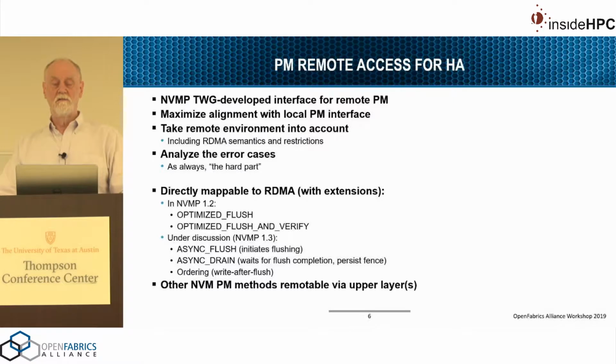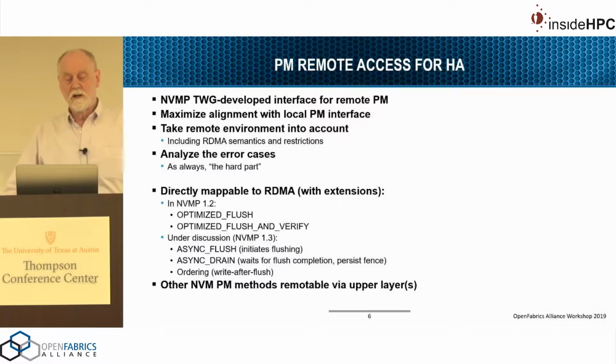What do we need from that box to do it? Taking the remote environment into account, what's actually there, right? RDMA has features, limited number of them, and it has restrictions, right? There are certain ways that you use RDMA that it doesn't behave like a local memory DMA channel.